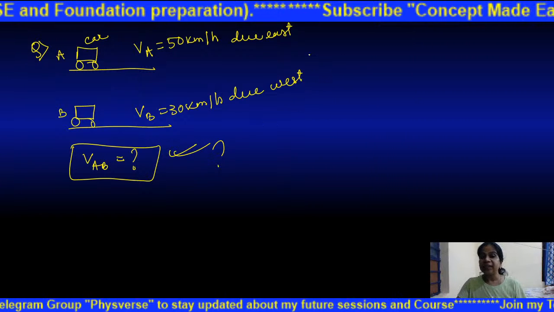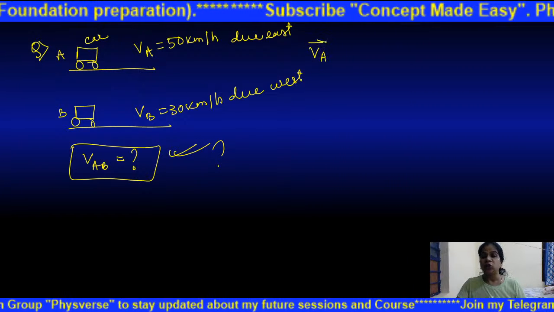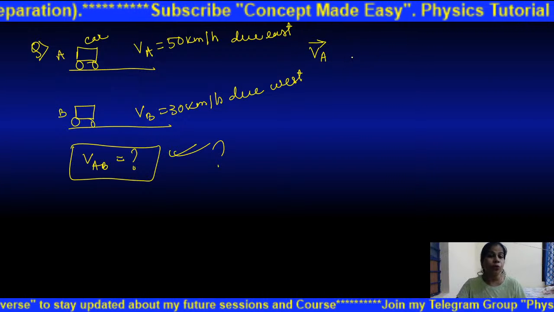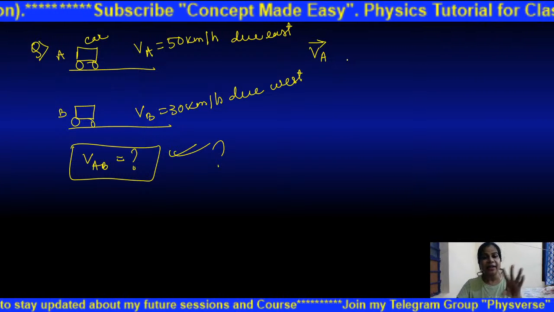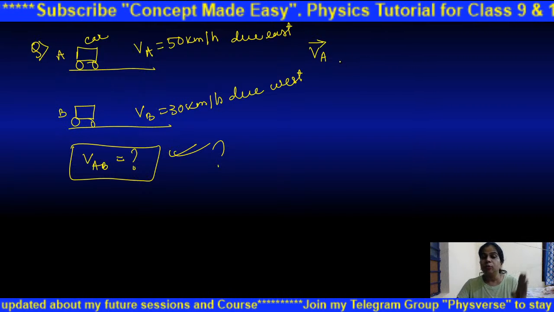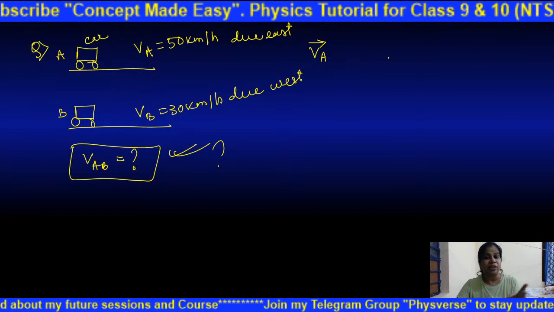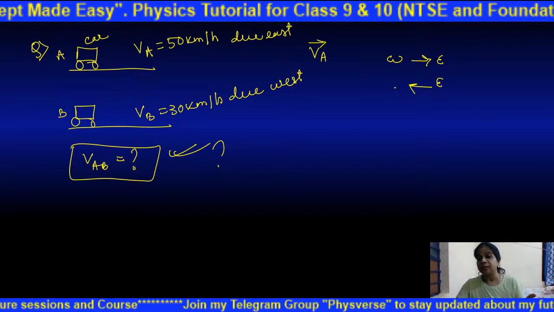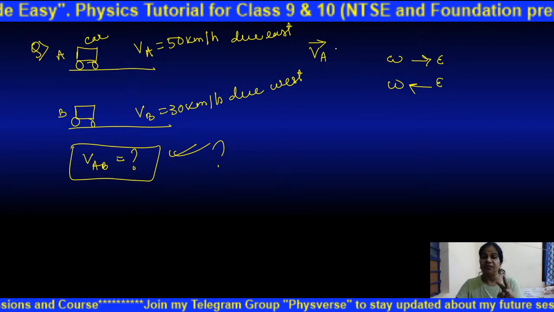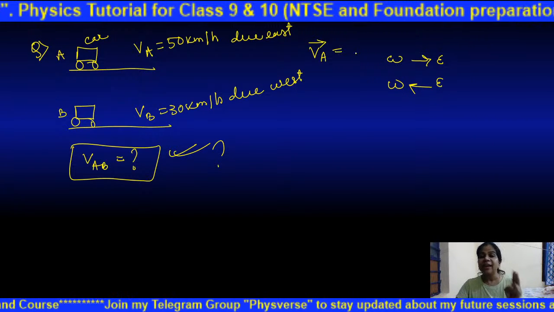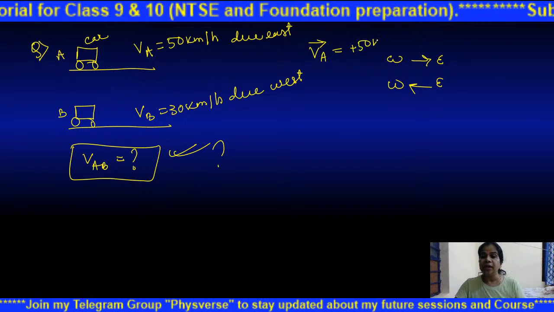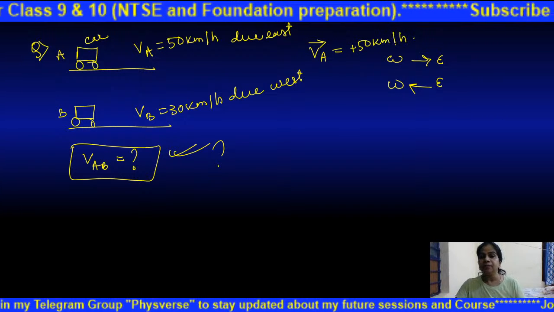If I assume the motion from east to west or from west to east, I need to first identify what should be the motion. I can assume anything, from west to east or from east to west. Accordingly, I need to put the sign conventions. If I assume from west to east, then VA is plus 50 kilometer per hour.